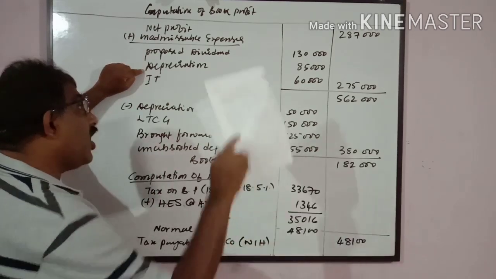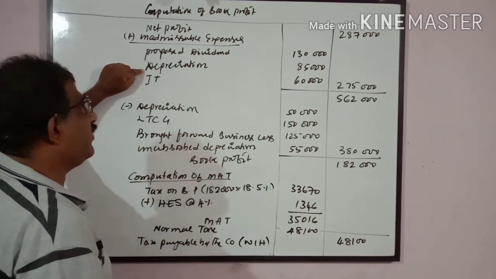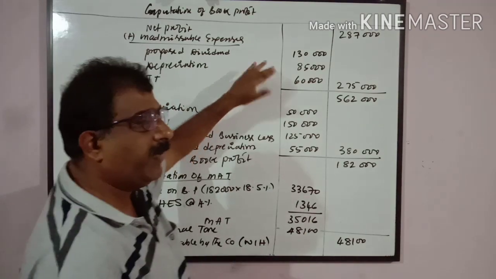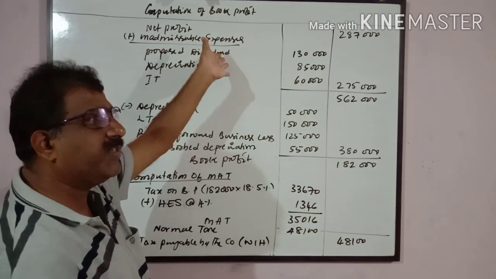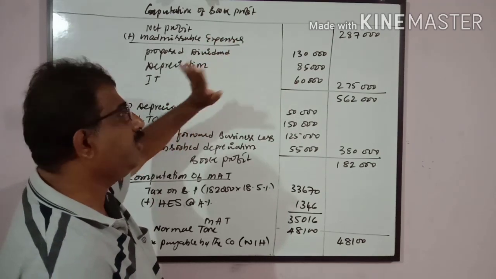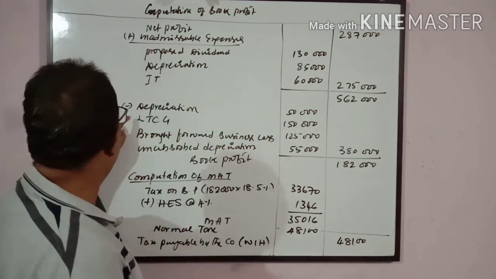Depreciation charged by the business is 85,000 but what is allowed is something different, that's why add back. Income tax 60,000. Here remember, while calculating income from business, I took tax on LTCG. Here I am not going to consider that. So totally it comes to 2,75,000.